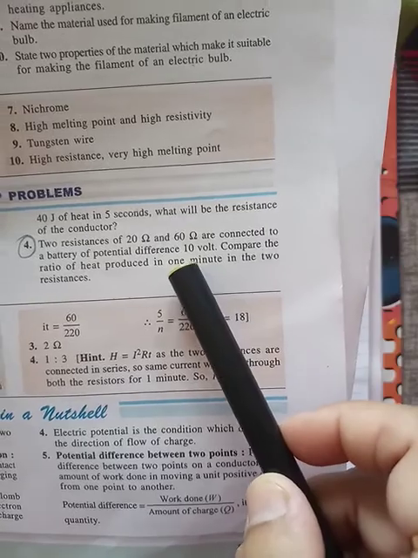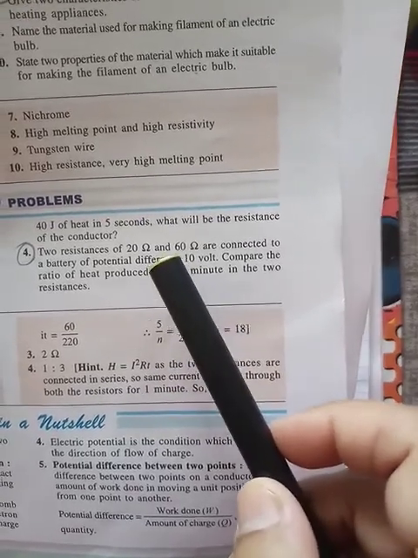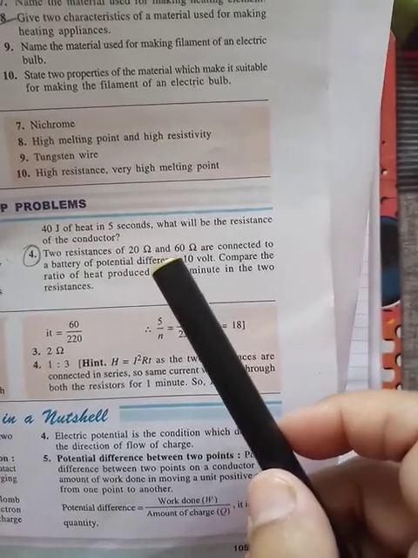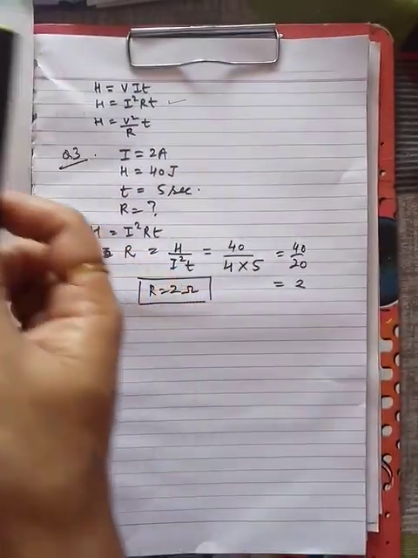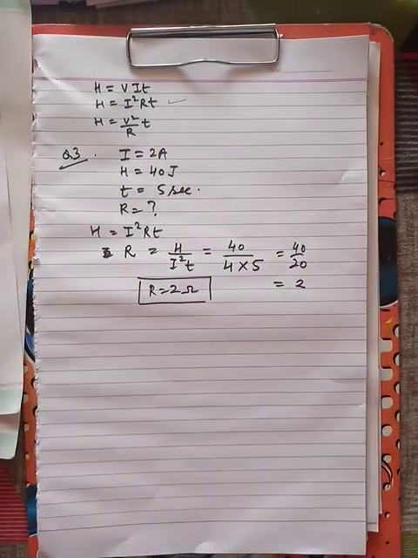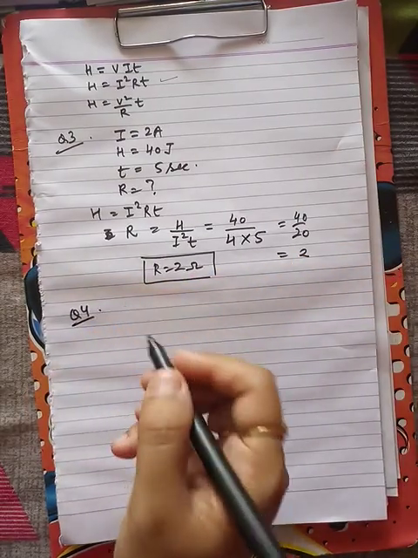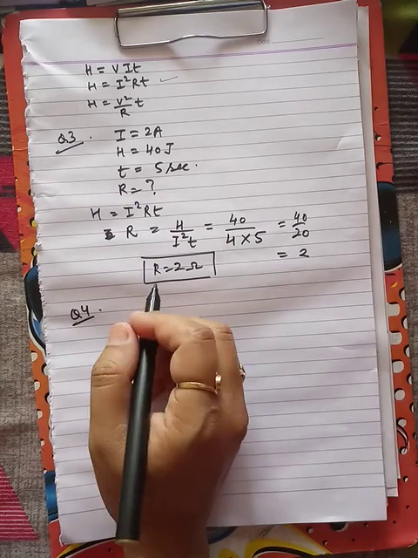Now how to do this kind of question? We have to compare, right? So the first case and second case we need to compare. In this case for question number 4 there are two resistances.